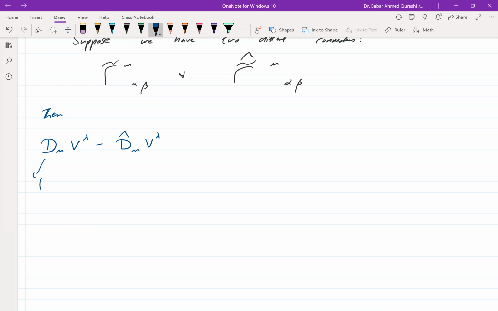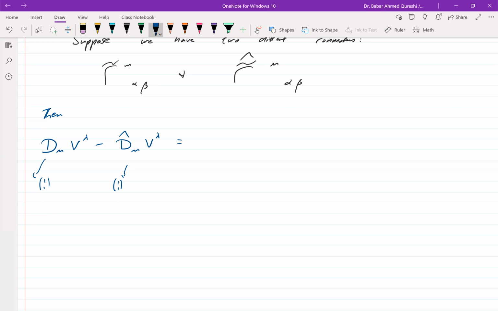This transforms like a 1-1 tensor. This transforms like a 1-1 tensor as well, because this is also a legitimate covariant derivative. It has properly transforming connection coefficients. So I'm taking a difference of two 1-1 tensors, so I must get a 1-1 tensor back.